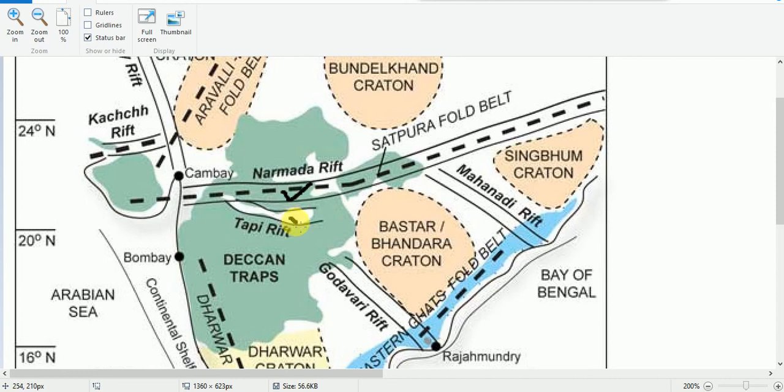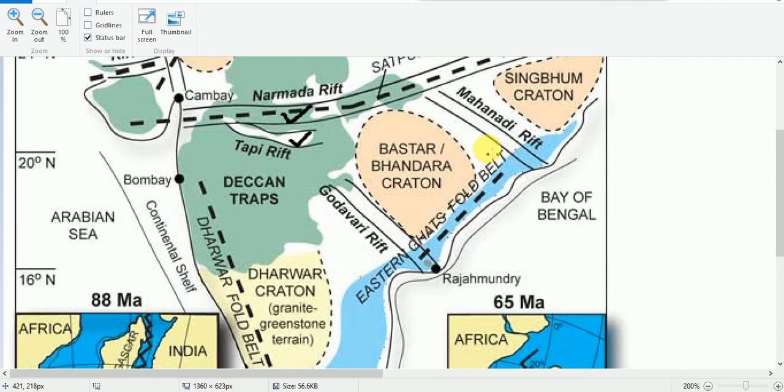Likewise, the Tapti River Valley was subsided, and in other places also. River valleys were formed here, then here also. A rift valley is a narrow valley formed by the faulting process. Remember that one.